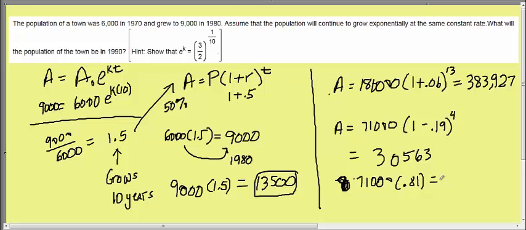So 71,000 times 0.81, and that's going to be 57,510. I multiply that times 0.81 again. Okay, so if I do it again, this is 57,510 times 0.81. Then this is 46,583. And then I need to do that.